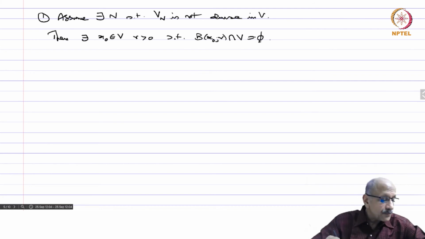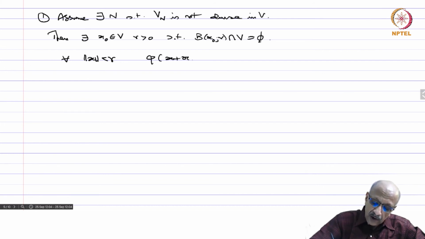It won't intersect. Therefore for all norm x strictly less than R, what do you know about phi of x plus x naught? This belongs to the ball B(x naught, R), and that is not in Vn, which means the supremum is not bigger than n, so the supremum has to be less than or equal to n. So this implies that norm Ti of x plus x naught is less than or equal to n for all i.